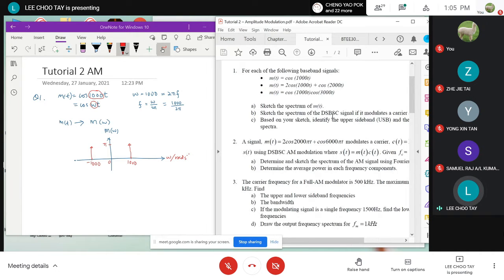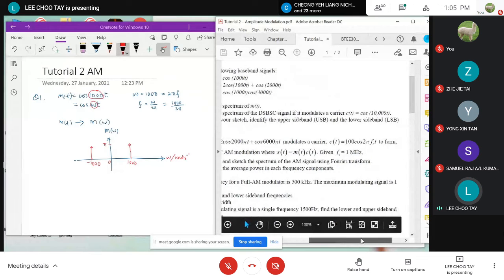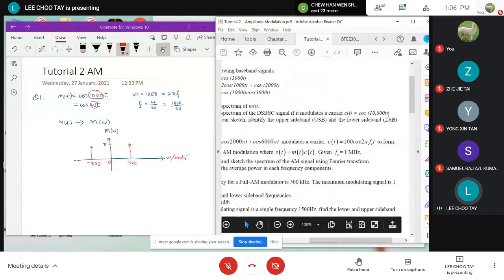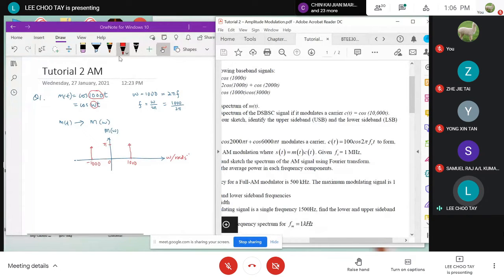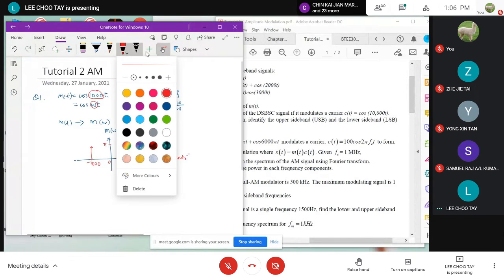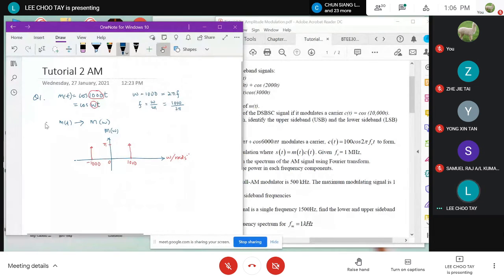Then you're asked to sketch the spectrum of a double sideband suppressed carrier signal if you modulate a carrier C(t) equals cosine of 10,000 t. So this is A for signal number 1. For B, I have a carrier signal C(t) equals cosine of 10,000 t.